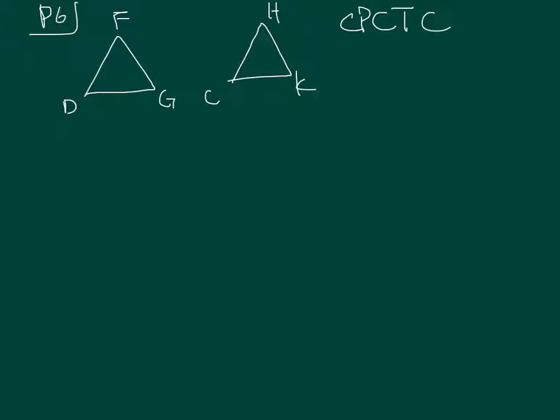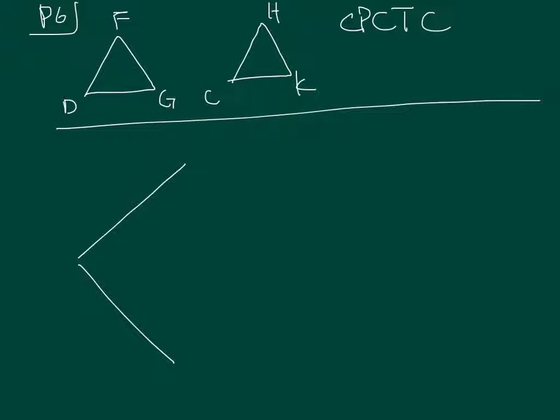Anyway, problem 7, use the figure below. Some pairs of triangles are certainly not congruent. List any pair of triangles that appear to be congruent. So we have something like this and this, I guess.